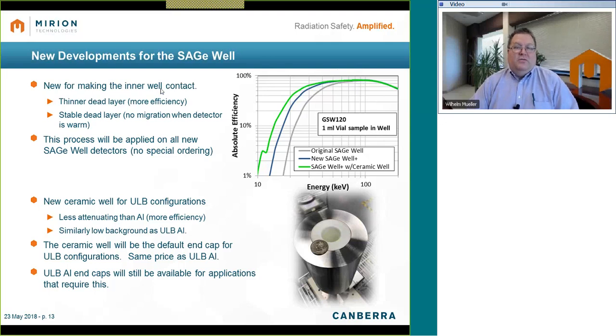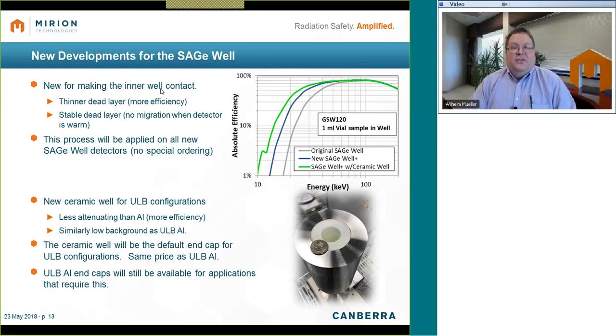So if a detector was stored warm for a long time, this layer would migrate and get thicker. So that led to us recommending that detectors be kept cold, not to be kept warm for extended periods of time.